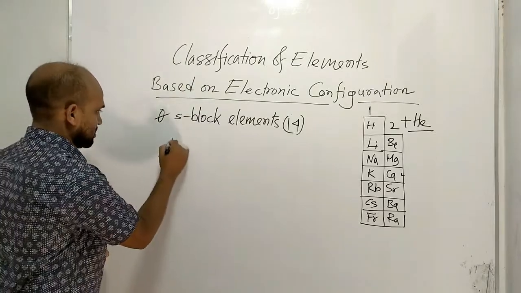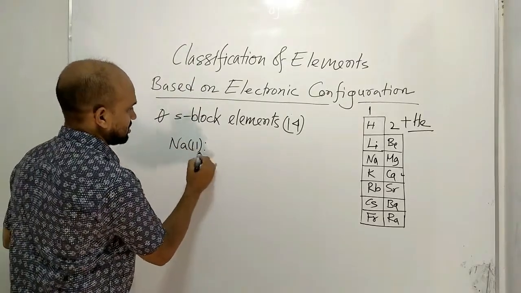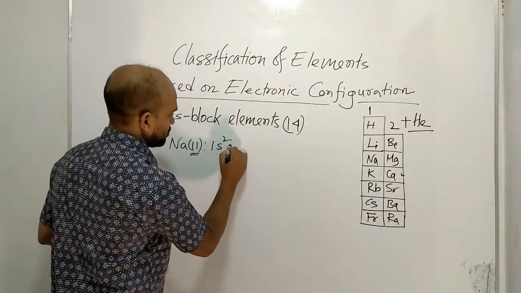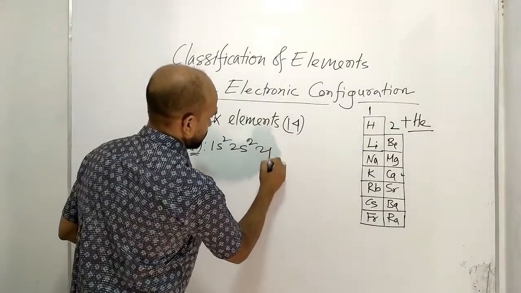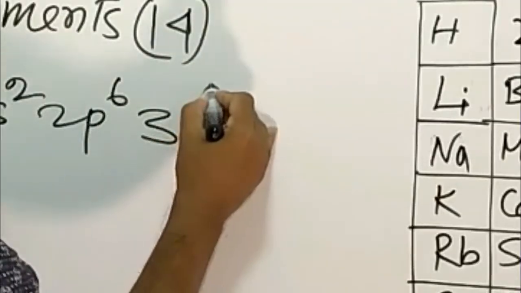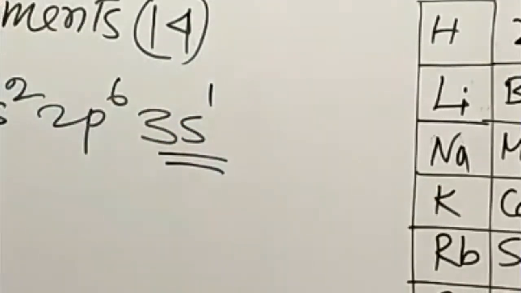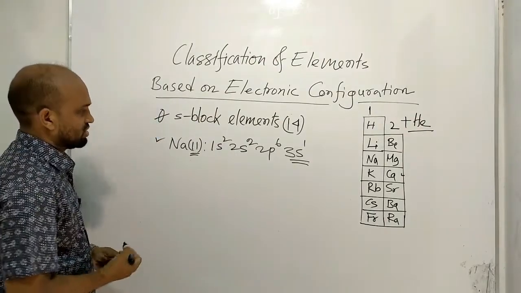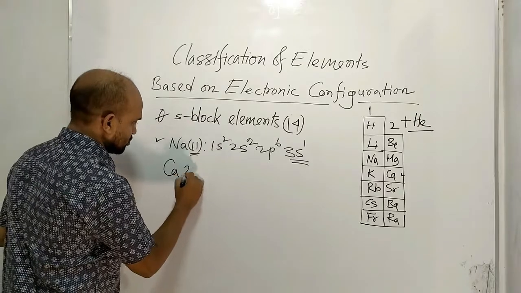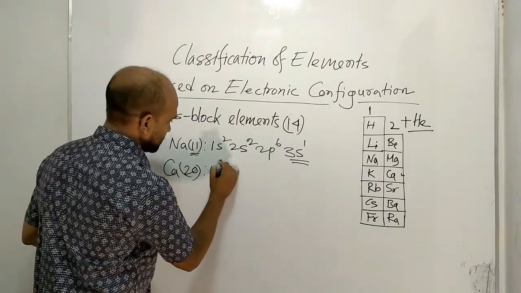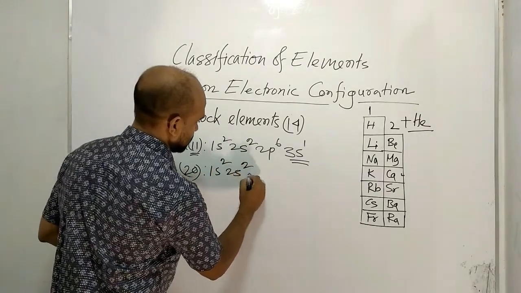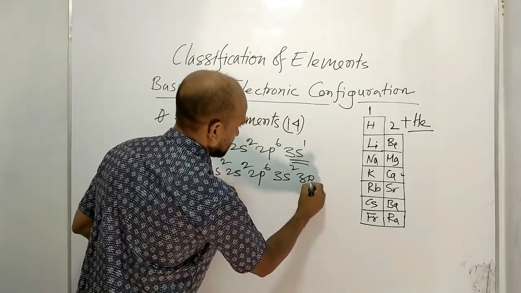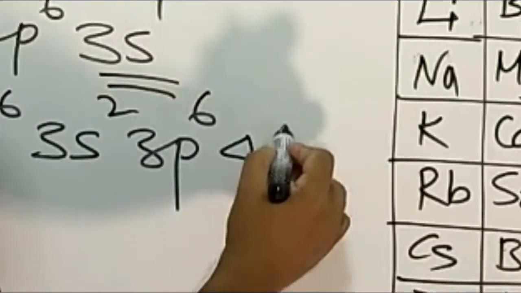Let's see first sodium, atomic number 11. The 11th electron enters the S orbital. 1s2, 2s2, 2p6, 3s1. So the 11th electron enters the S orbital. That is why sodium is S block element. Let's see another one, calcium 20. Electronic configuration is 1s2, 2s2, 2p6, 3s2, 3p6, 4s2.